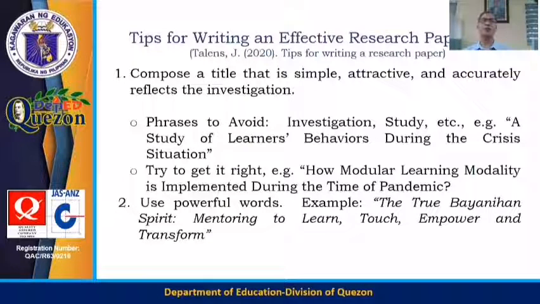Then touch. So there is also that element of formation of the students with consideration of values. And empower. Once the students learn the lessons, they become empowered individuals. And that leads to transformation of the school.